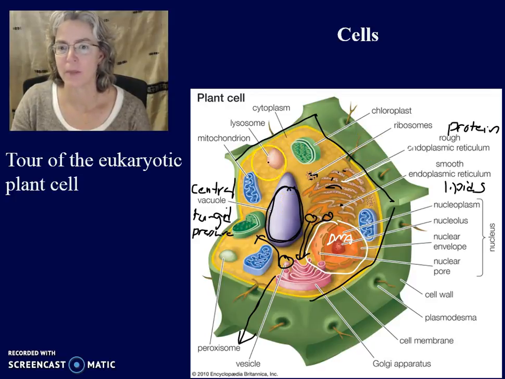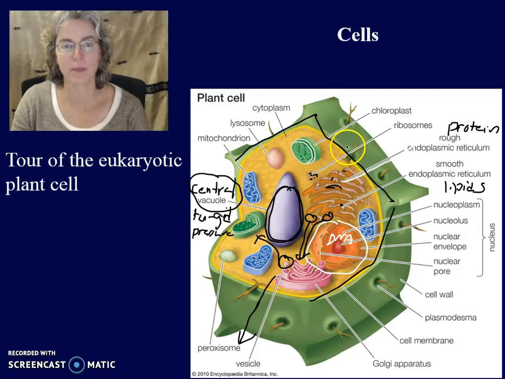So, differences: we've got the central vacuole and the cell wall. The other major difference is the chloroplast. Plants have chloroplasts. So where do we get the energy?